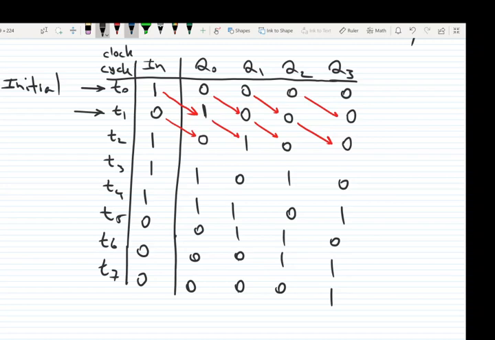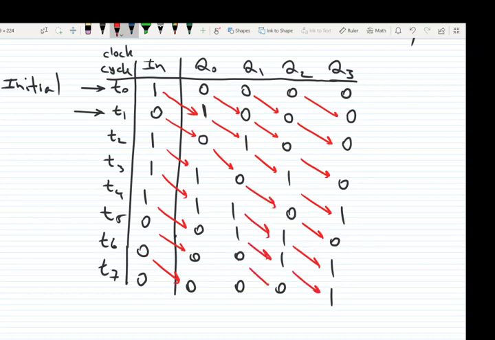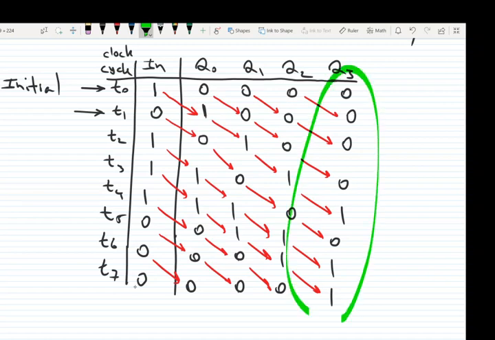And this one is the output. So we see that all the inputs move to the outputs, and the same story for the other stages as well. Okay, so what is the output sequence? The output sequence, of course, is the output of the last flip-flop on the right, which is here.